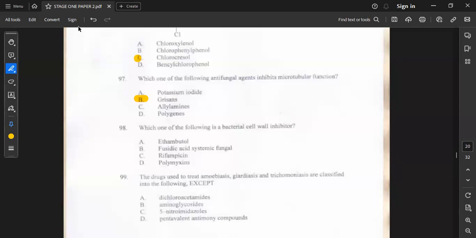It's the cell membrane. So the answer would be A, right? Yeah. Nice. What did you say for B? You said it's a protein synthesis inhibitor.